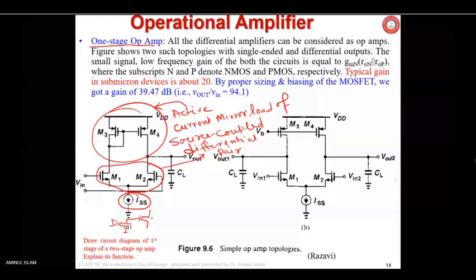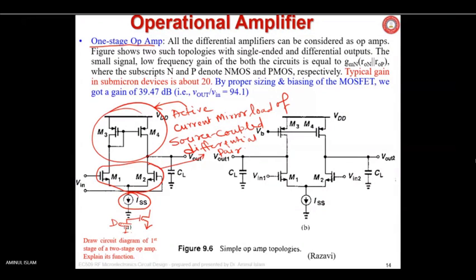Some voltage will be coming here to send a constant current through this. Is it understood? This symbol is indicating a constant current sinking on this differential pair.